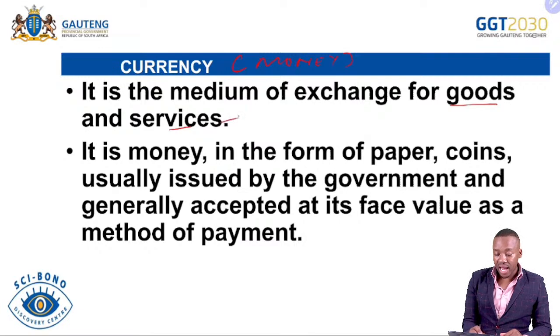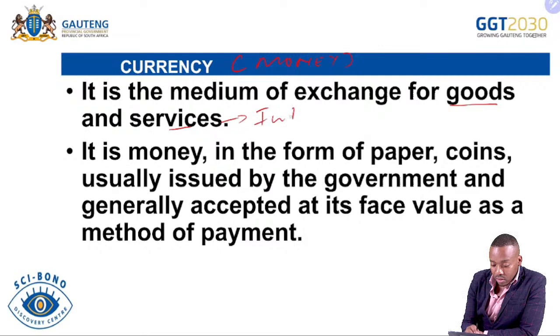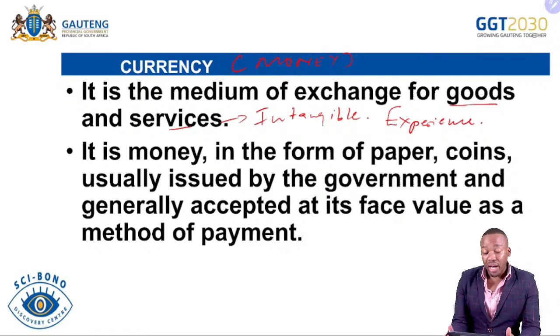Remember, we said a service is something intangible, right? A service is an experience. For example, when you go to the hotel or to a restaurant and you want to dine, and there's a long queue, you are going to be frustrated because of poor service.